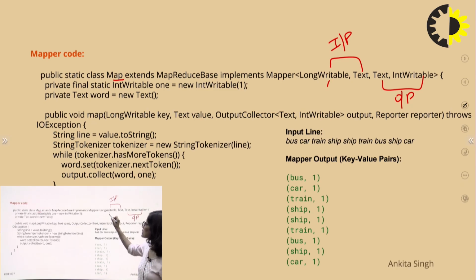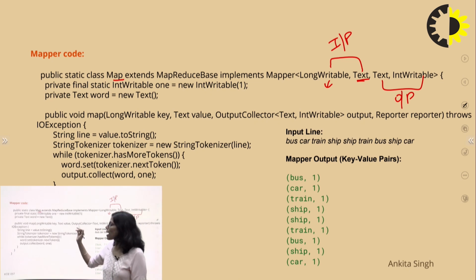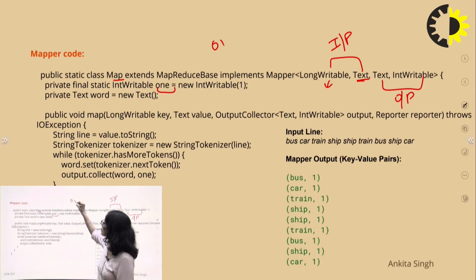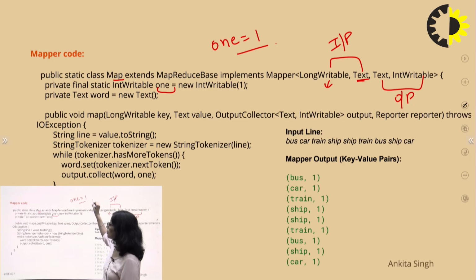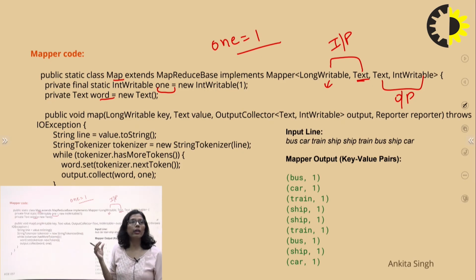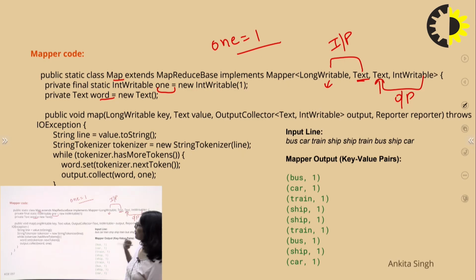This is your Text, that is the line, as given by the record reader, and this is your byte offset, right? Next, I am creating a variable called one whose value is 1, and a word of type Text which will hold the text.